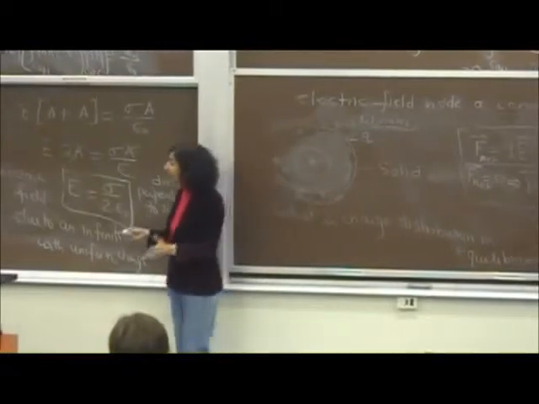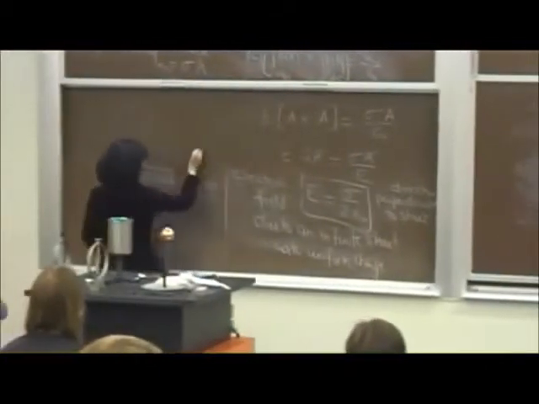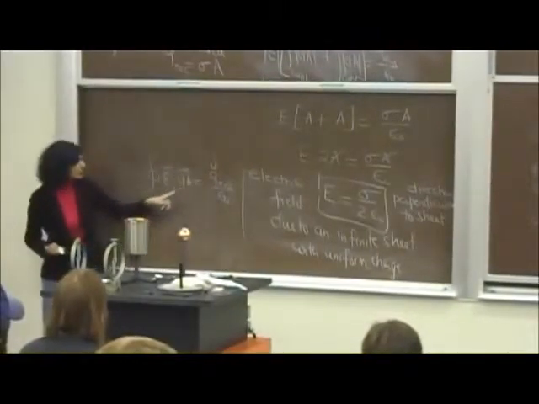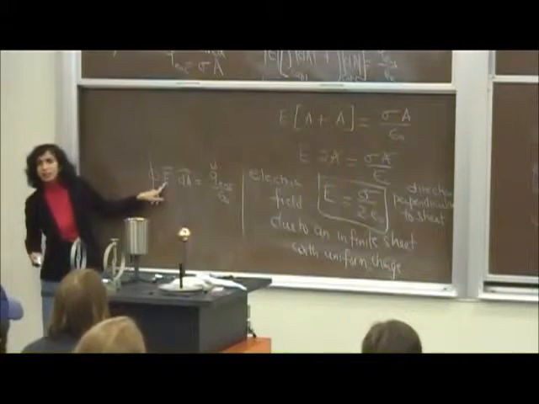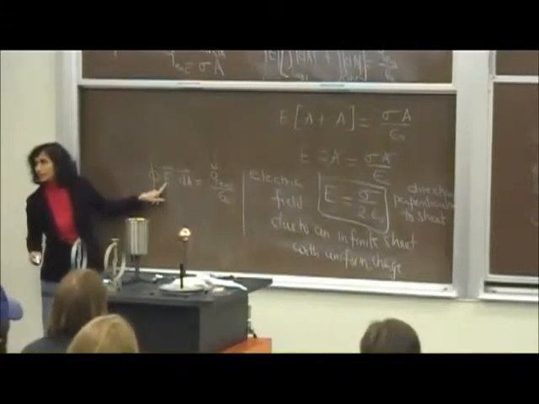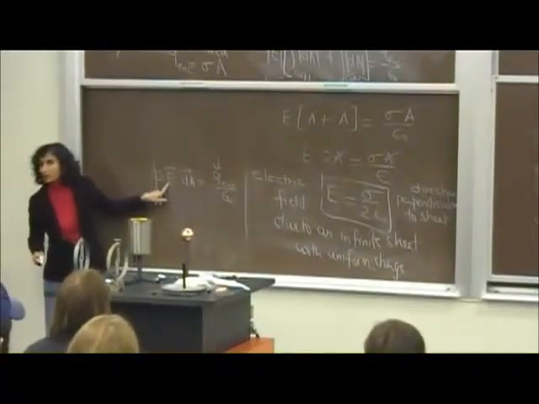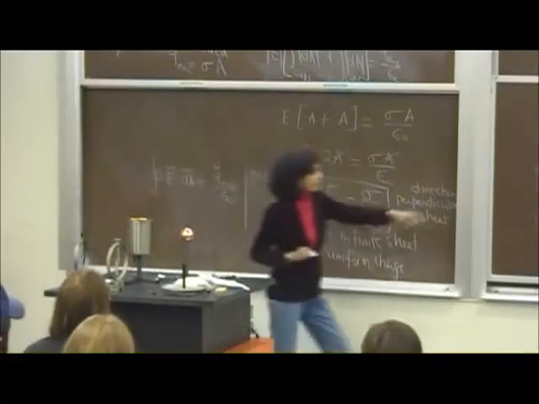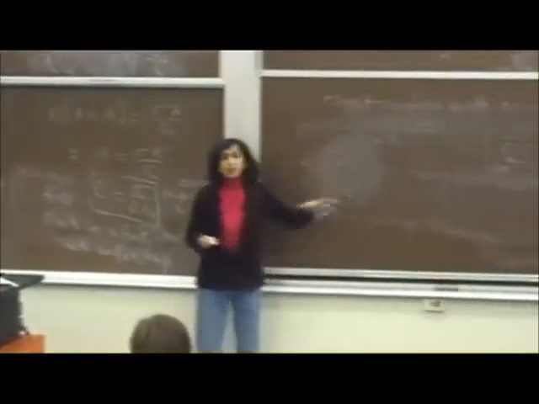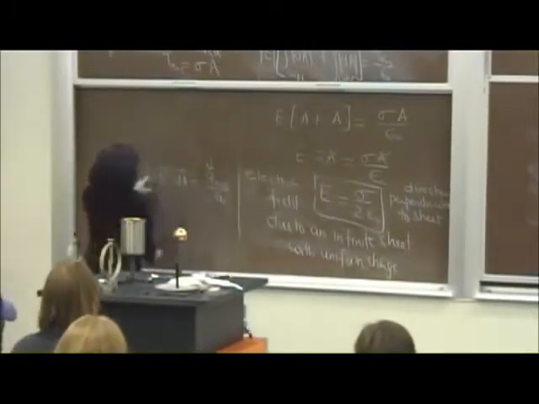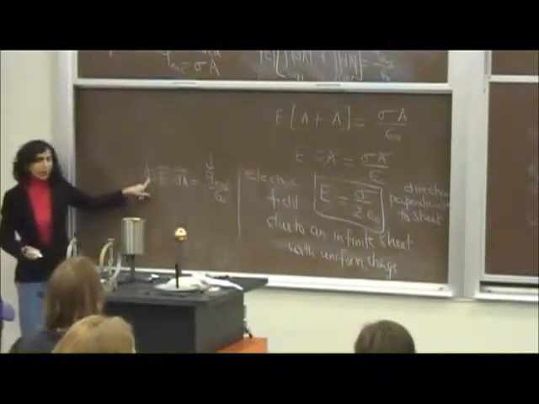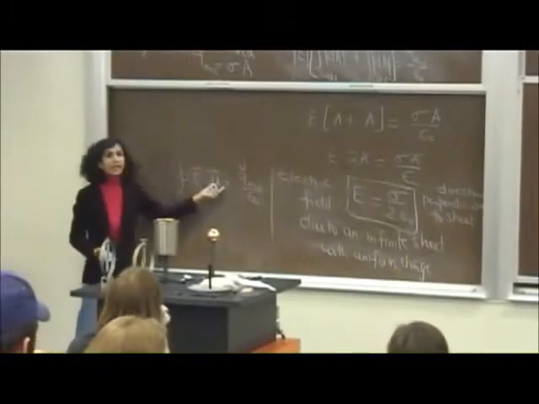Yes, and in that case, if Q enclosed is not 0, do you see that you cannot have the electric field be 0 at every point on that Gaussian sphere? Maybe it's 0 at some places, but not everywhere, because what is really adding up to give you Q enclosed divided by epsilon 0? Remember, this is a sum. Integral is a sum. What is adding up is E dot dA.